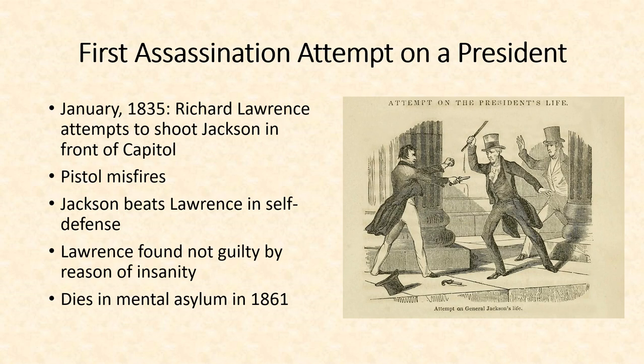He's already killed a man in a duel, and Lawrence steps out from behind a pillar trying to finish the job, and Jackson will mercilessly beat Lawrence with his cane. The president will subdue his own would-be assassin on the steps of the Capitol until other people can step in and wrestle Lawrence to the ground.